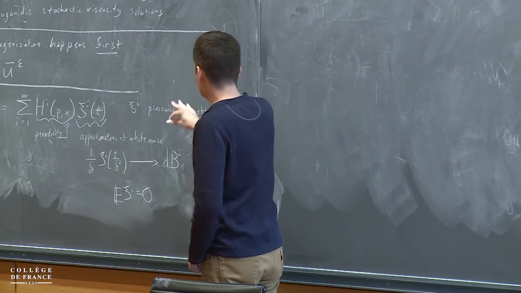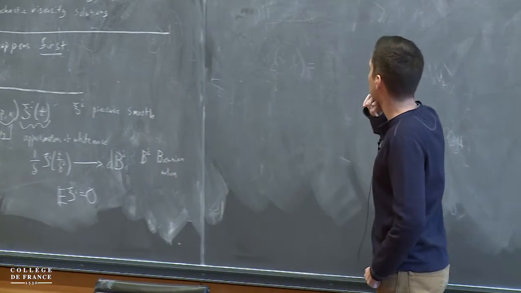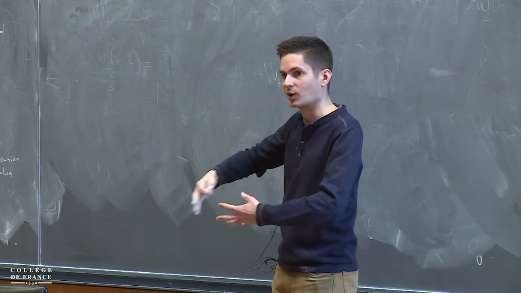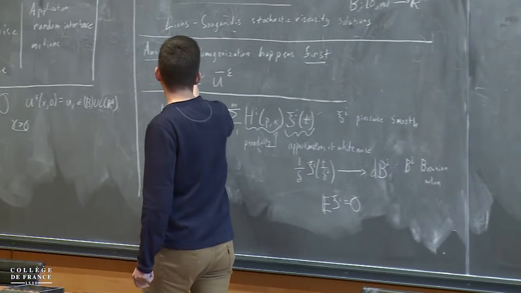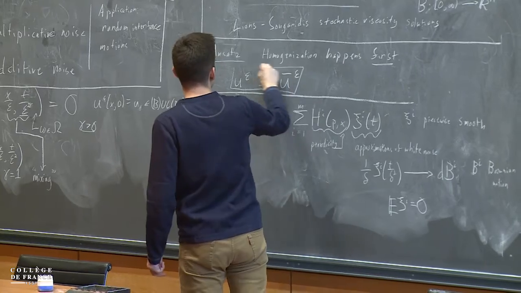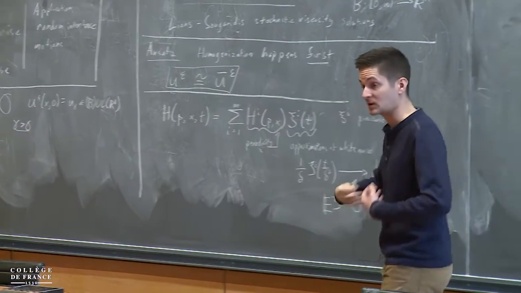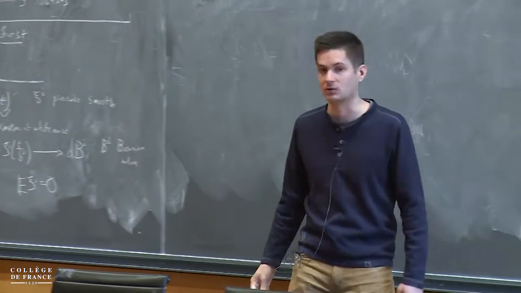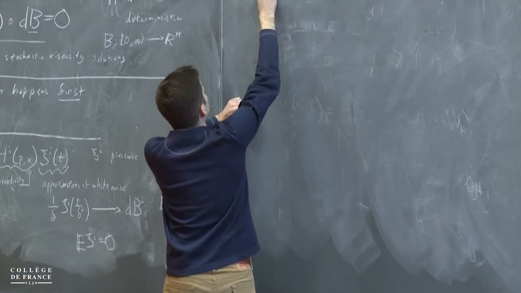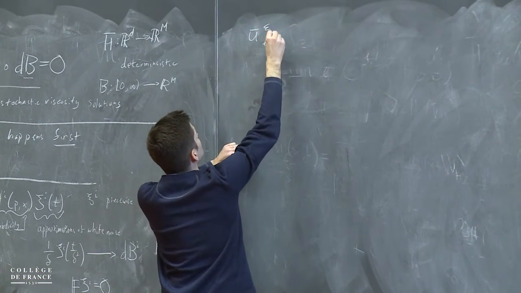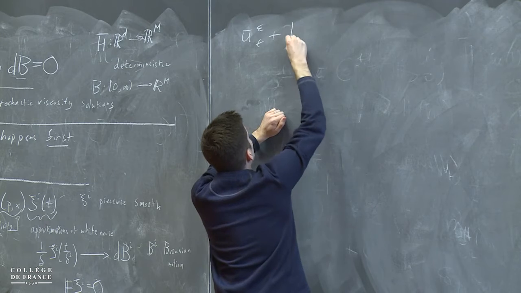Right. So this is my setup, and now I want to see how far I can take this. So like I said, let's go back to my ansatz that u epsilon is approximated by something where the spatial oscillations have all averaged out. Well, the most general thing I can say is that u bar epsilon will solve an equation like this.